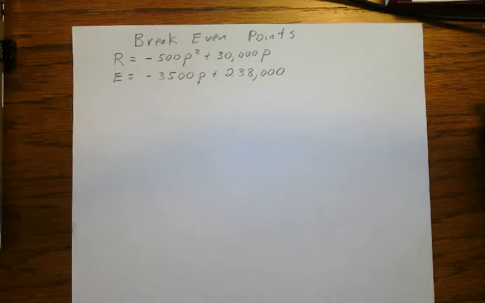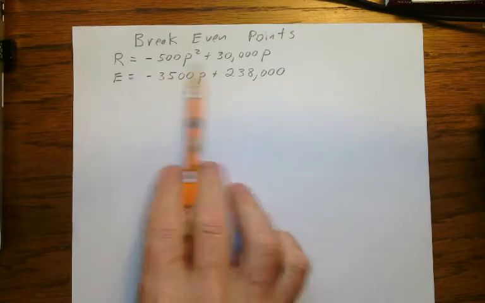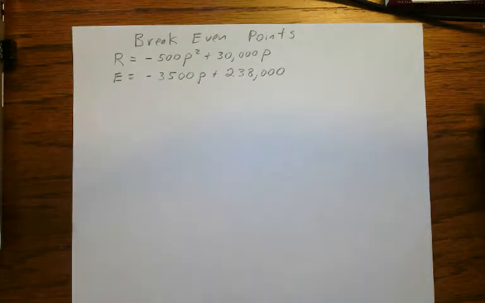So we ran into a couple problems doing this before break. One was we don't have access to graphing calculators, so we couldn't find the intersection points. If you graph the parabola and the line, where they intersect is the break-even points.